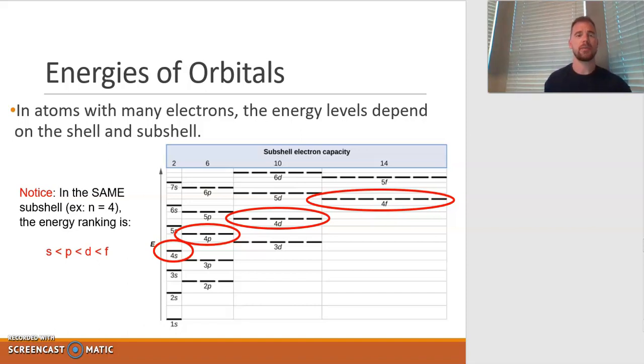If you take a look at the picture that's shown, we can see that the energy increases as we move up. Right here we have the first energy level, s subshell. Then we have the second energy level, s subshell. And then we have the second energy level, p subshell.